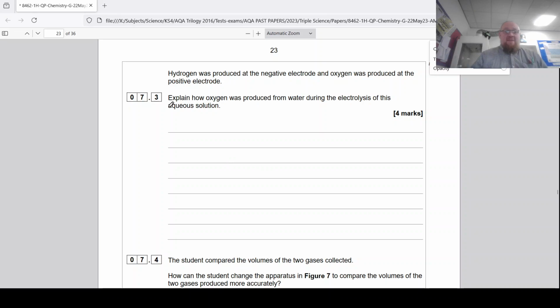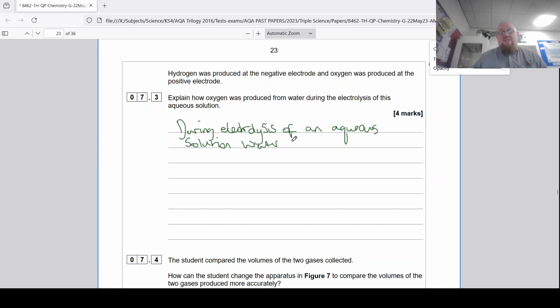So let's talk about it. During electrolysis of an aqueous solution, basically water gets split up as well.